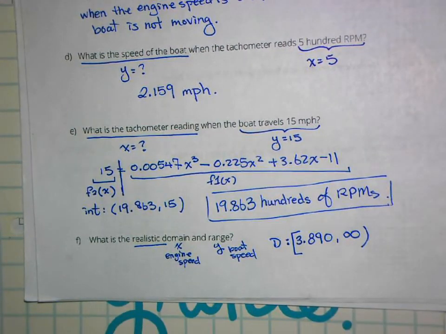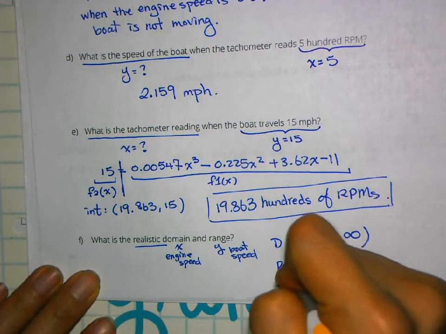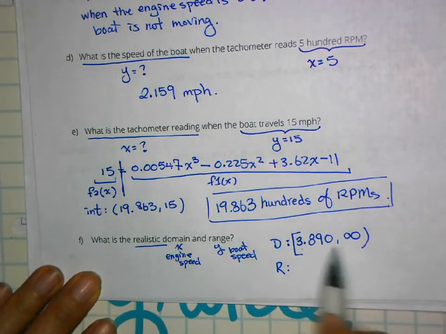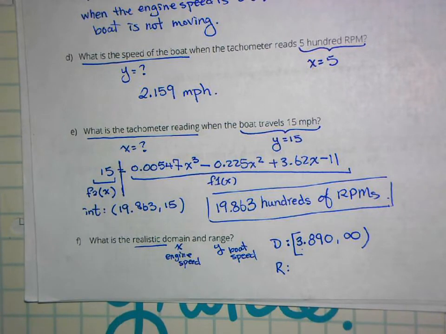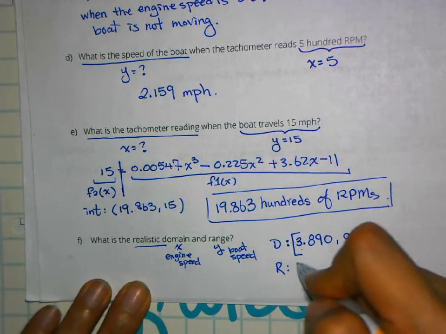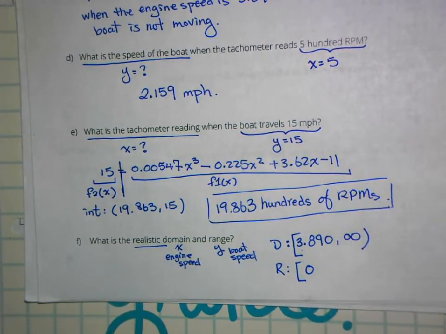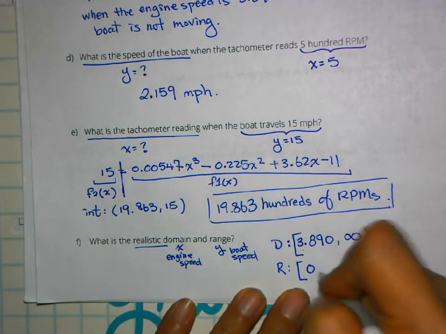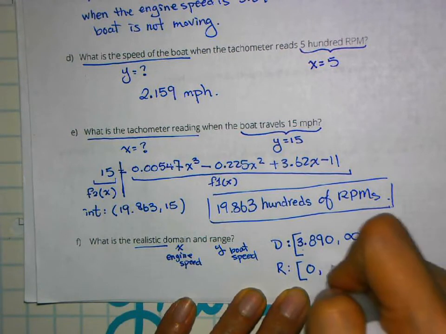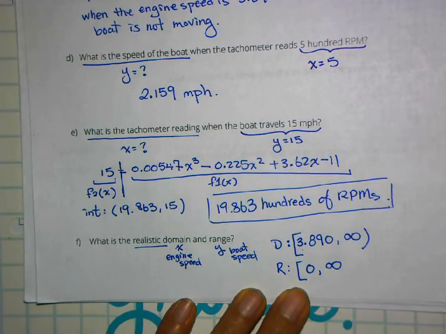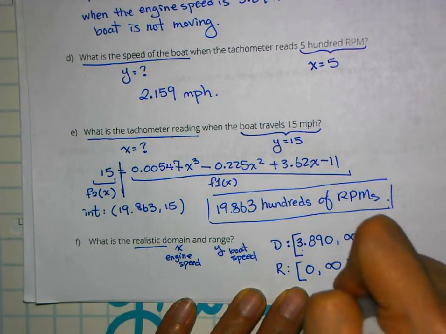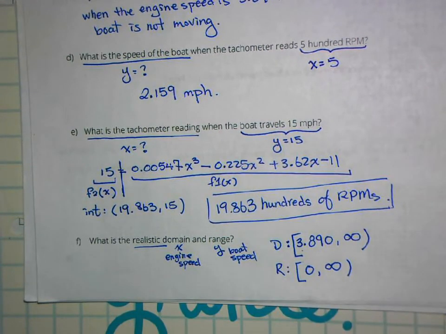Your boat could go as fast as it wants. And then for the range, if the domain starts at 3.890, then the range would start at 0, because the slowest that a boat can go would be 0 miles per hour, and then it can go into infinity.